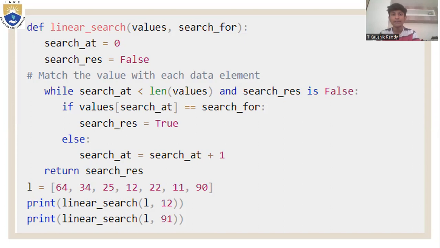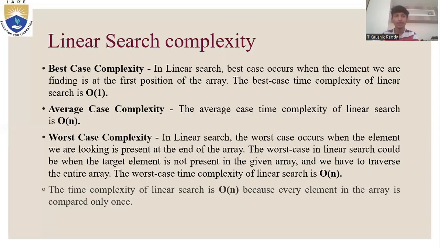Return search_result. Given input: L = [64, 34, 25, 12, 22, 11, 19]. Print linear_search(L, 12). Print linear_search(L, 91). This checks whether 12 and 91 are in the given list or not. You can see that 91 is not in the given list and 12 is in the given list. So this is how the program works.